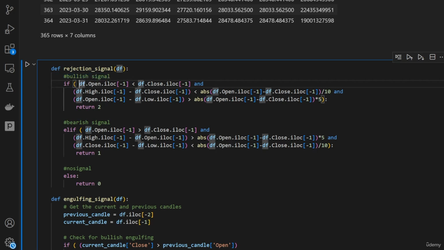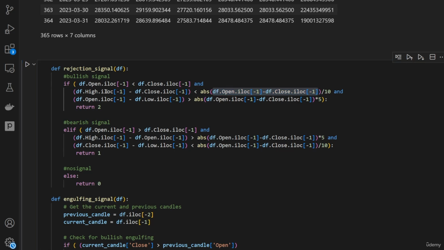So if the open of the current candle, which is the last candle of index -1, is less than the closing price, so this is basically a green or an upward candle, and at the same time the high value minus the closing value, so that's basically the upper tail of the candle or the upper whisker, is less than the absolute value of the open minus close price, so this is the body of the candle, divided by 10.